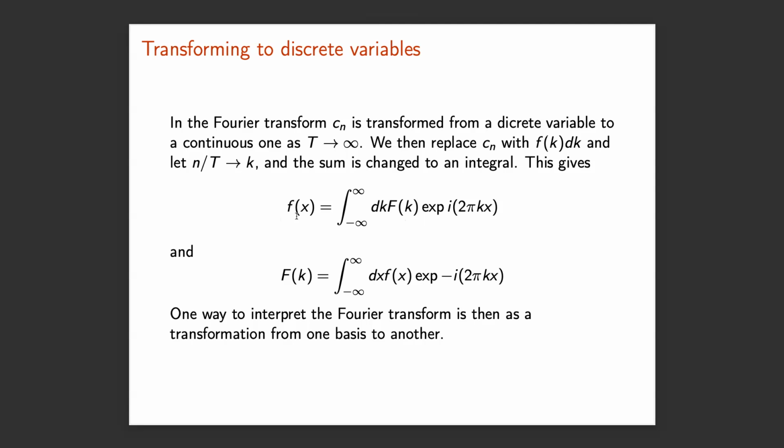And then we have f of x here. And then we have the inverse Fourier transform. So the way we are going to interpret them, as you will see when we now introduce the quantum Fourier transform, and also the discrete ones, is as a transformation from one basis to another basis. That's essentially what this is going to mean for us in the technical terms.